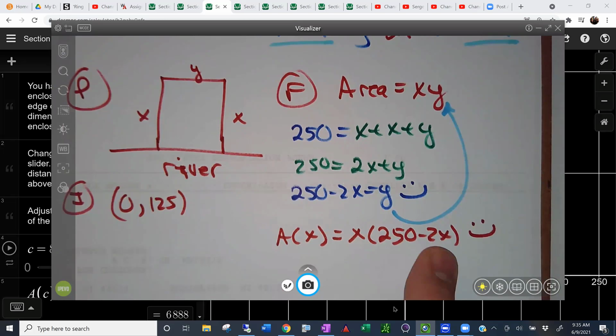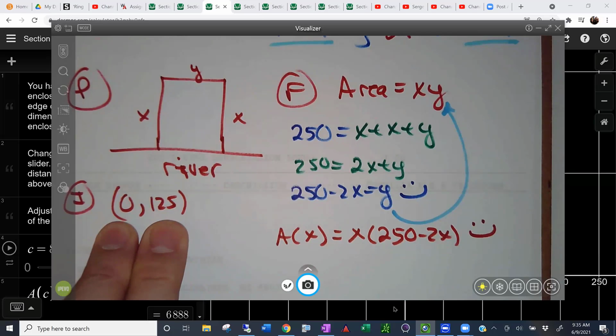If X is 125, 125 times 2 is 250, 250 minus 250 is again 0. So these two extremes aren't going to give me a maximum area. I'm going to get 0 area. You can see that if you look at the sliders.